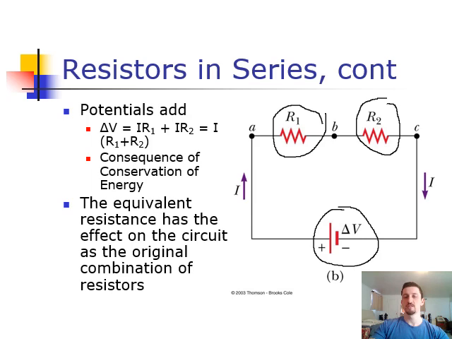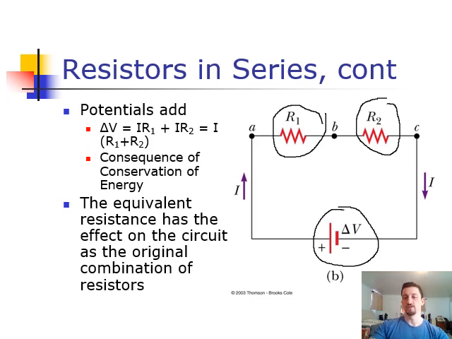And these two pieces we just got from Ohm's law, which is from our last PowerPoint, V equals IR. So the voltage across R1 is equal to the current, which is going to be the same for all of these, times R1, or the resistance. Same thing for R2, we know V is equal to IR2.